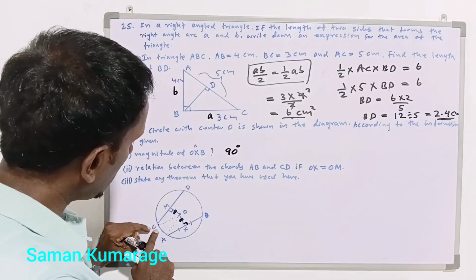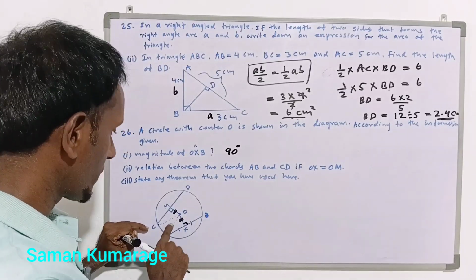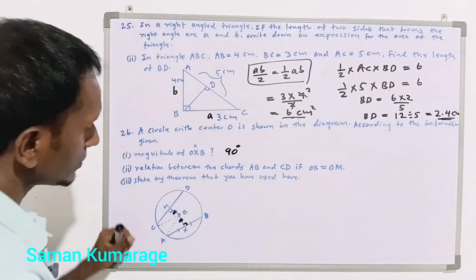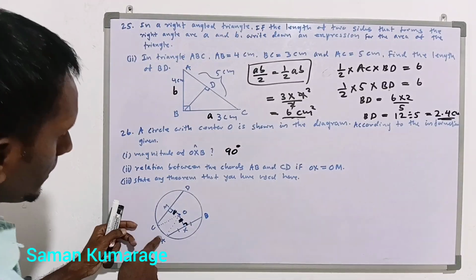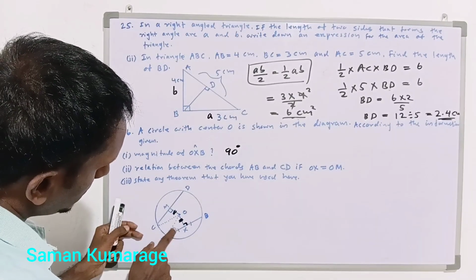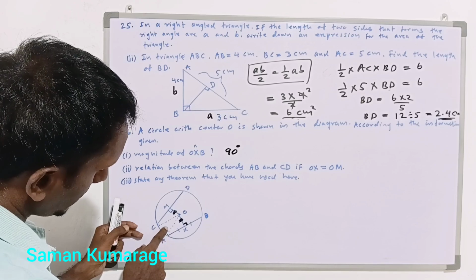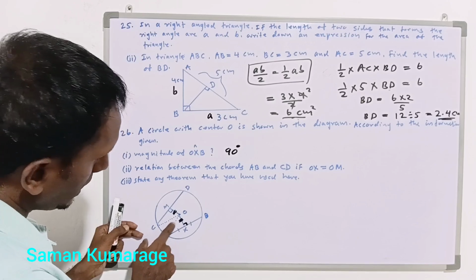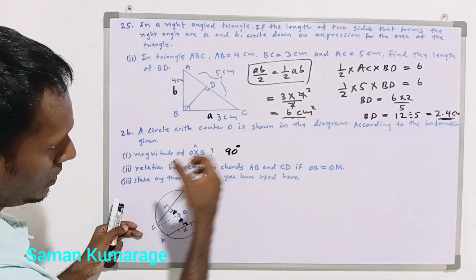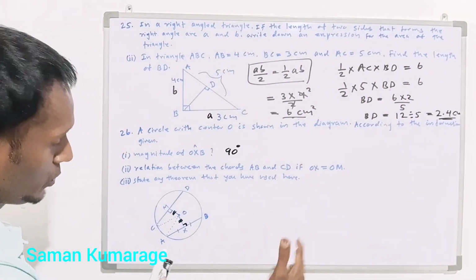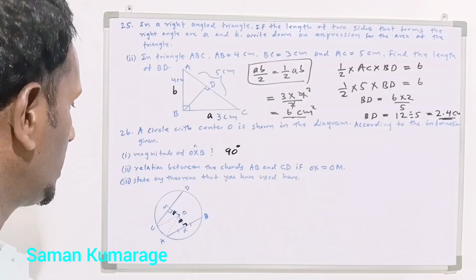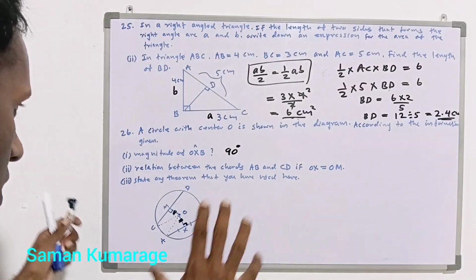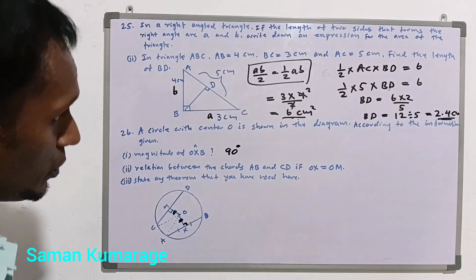It says in a right angle triangle, if two sides are equal to another two sides of a right angle triangle, those two triangles are congruent.